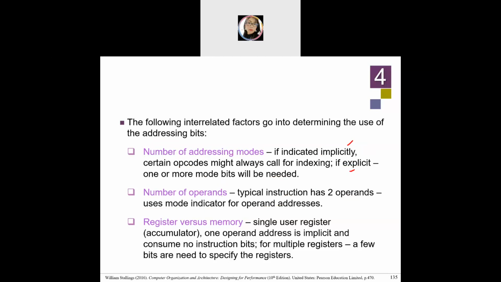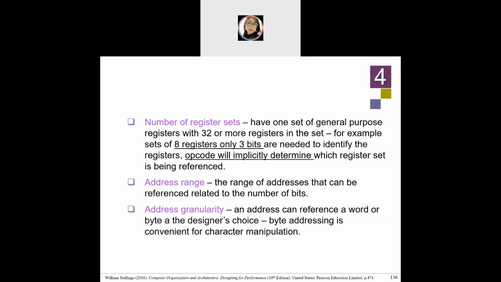multiple choice question. For register versus memory, you have a single user register, which is an accumulator. One operand address is implicit and consumes no instruction bits. For multiple registers, a few bits are needed to specify the register. Number of register sets.